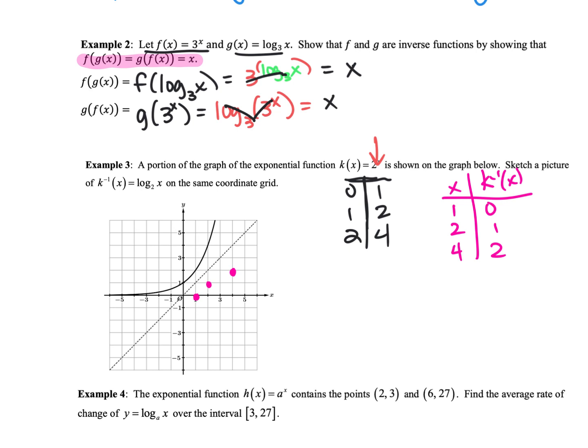If everything switches, what kind of asymptote are we going to have on our logarithmic function? Vertical. Okay, this is the line y equals x. Remember, they are reflections over the line y equals x. That's why we can switch x and y. So there's my picture.